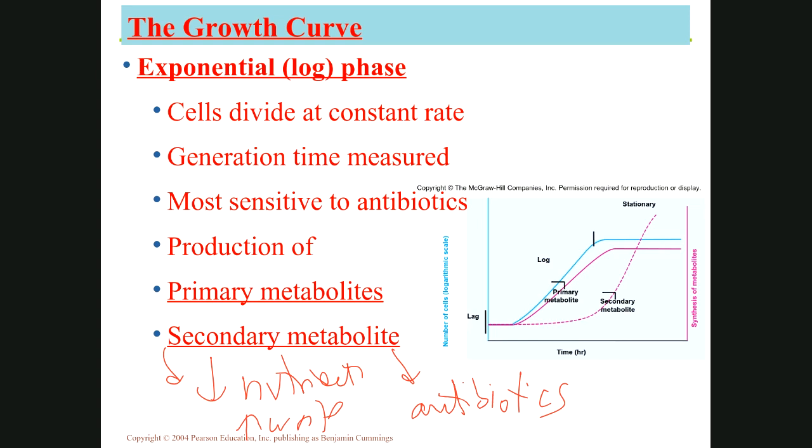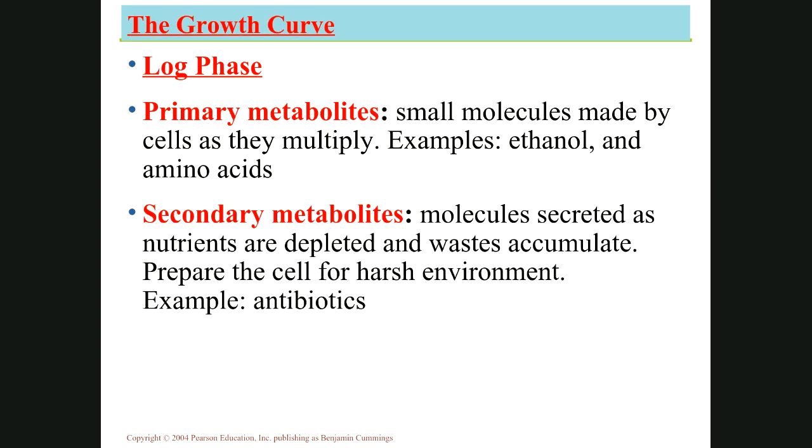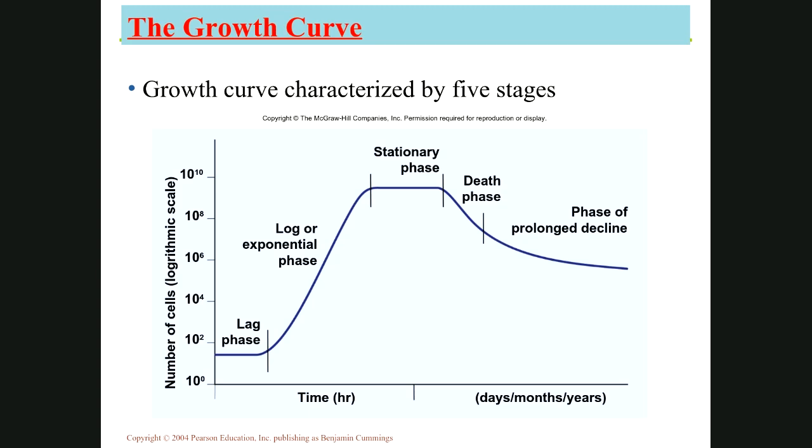Bactericidins, which are again products that kill other bacteria. So those are the secondary metabolites, which are produced towards the end of the log phase. So know what a secondary versus a primary metabolite are and when they're produced.